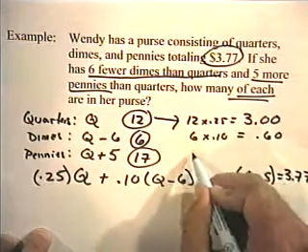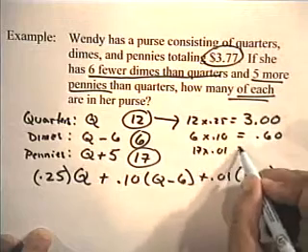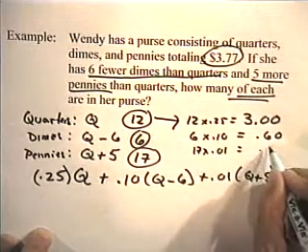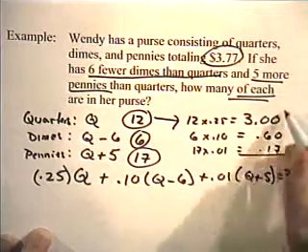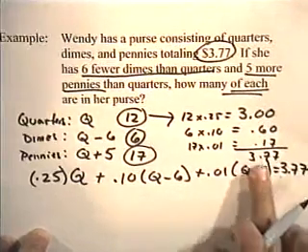And 17 pennies is 17 cents. And notice it adds up to the desired $3.77.